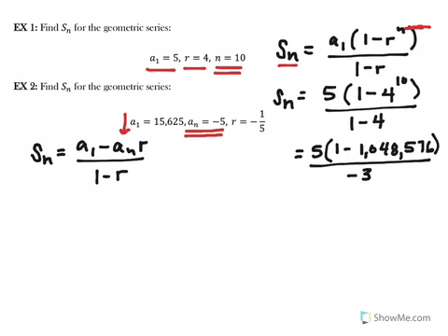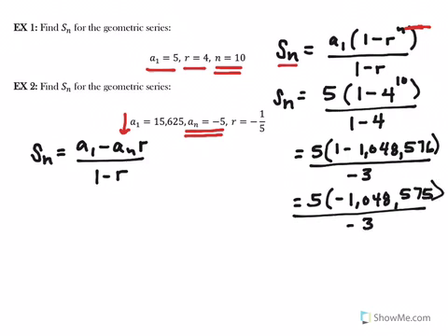So simplify on the inside. Now we have 5 times, well, 1 minus that becomes negative 1,048,575, all divided by negative 3.